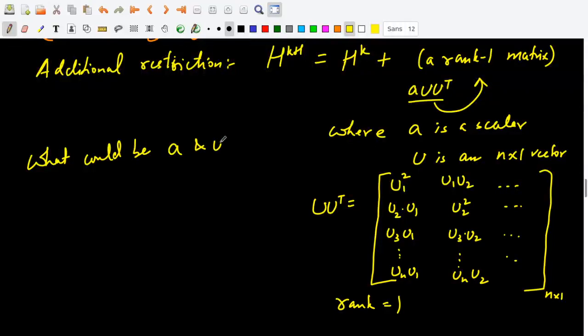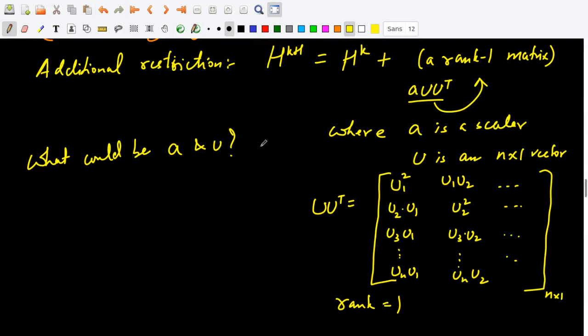It might be confusing to think that earlier we had to decide only H, and now instead of H we have to decide 2 parameters, A and U. But note that U is only an n cross 1 vector and A is a scalar, so I really have to decide only n plus 1 values.